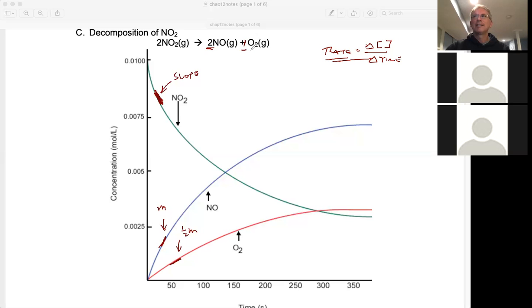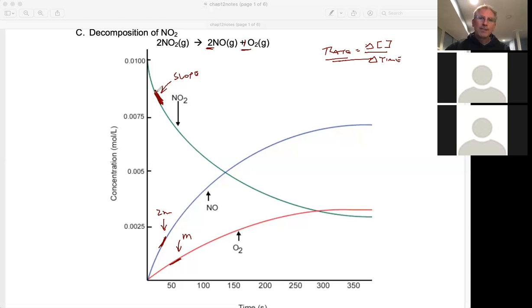Does that make sense? There might be an easier way to do it. Hold on, let's do it this way. Let's call this slope M. Then this slope over here is 2M, because if I'm making one oxygen, I have to make 2 NOs. I have to do it twice as fast.